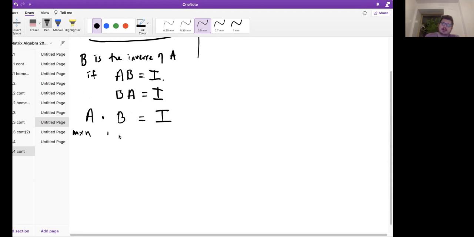Okay, n by m, right? Good, because we want a square matrix. However, what happens when you flip it? You want BA to also be m by n.